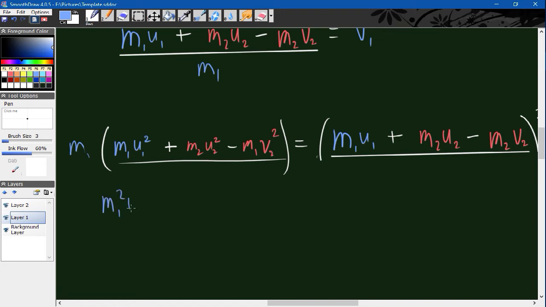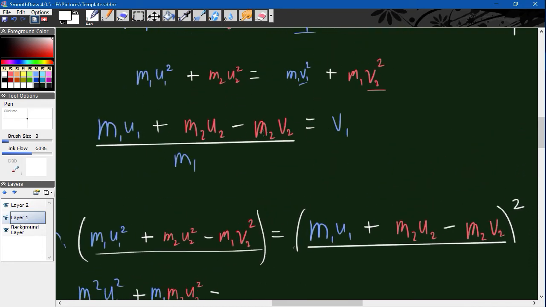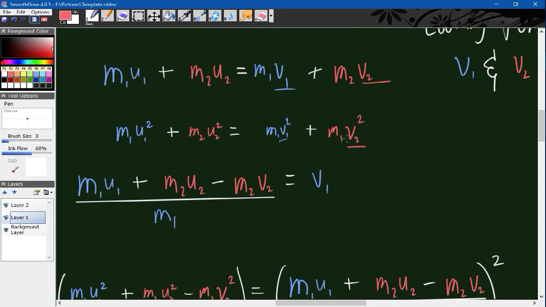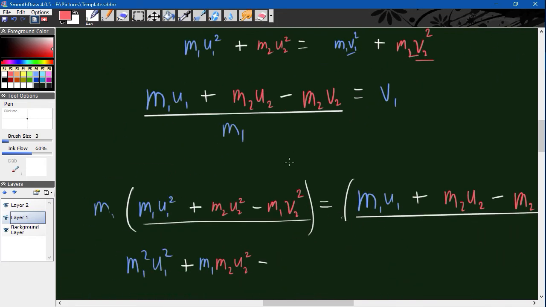m1 squared u1 squared plus m1 m2 u2 squared minus, wait, is this m1? I don't think that's supposed to be m1. It's supposed to be 2.